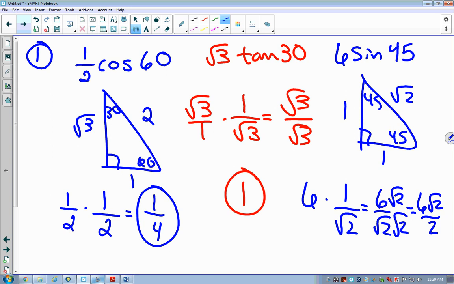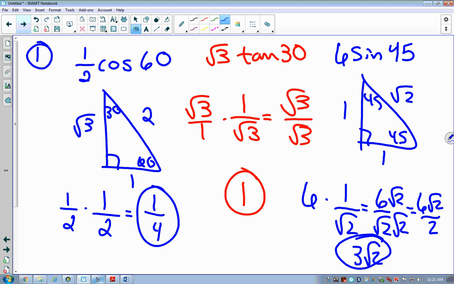Okay? 6 radical 2 divided by 2 is 3 radical 2. 3 radical 2 is equal to 6 over radical 2. But 6 radical 2 over radical 2 is not equal to 3 radical 2. Do you see what I'm saying? You do understand? Okay, good. So my answer is 3 radical 2.